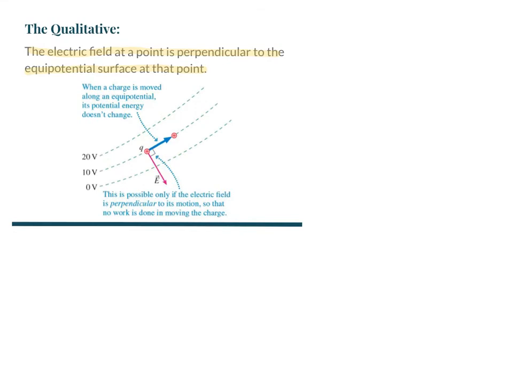We know that potential is based off of a change in potential energy. It's the change in potential energy divided by the charge of the particle, so it's a property of the field. We measured that based off of how potential energy was changing.